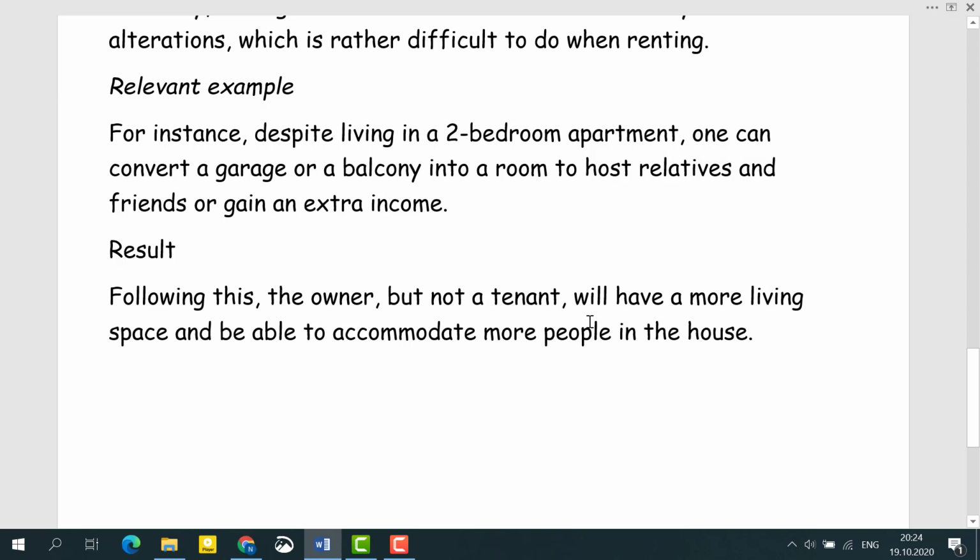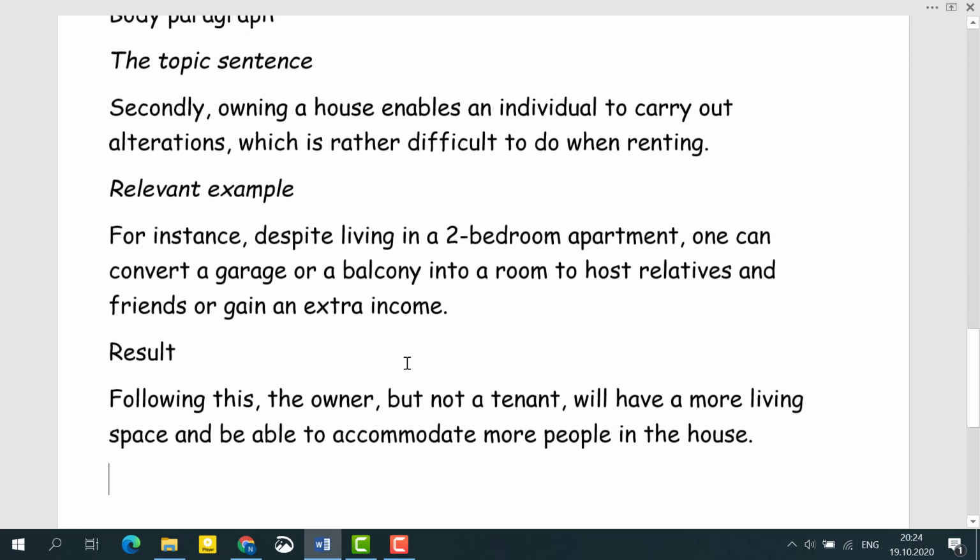So we are talking about the place where you live. If you live in your house, your house has living space, and then be able to accommodate more people in the house. In this case, accommodate means to allow people to live in your house, just to give them the opportunity to live in your house. So you accommodate more people in the house.